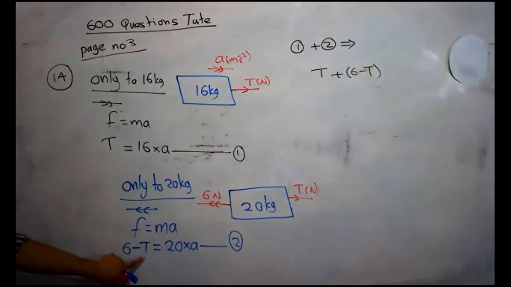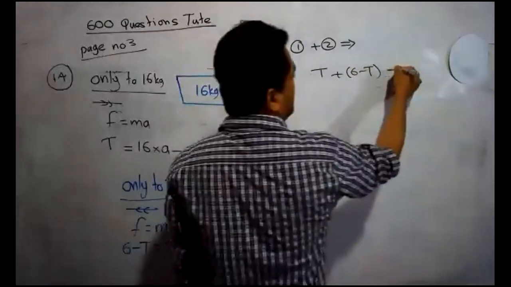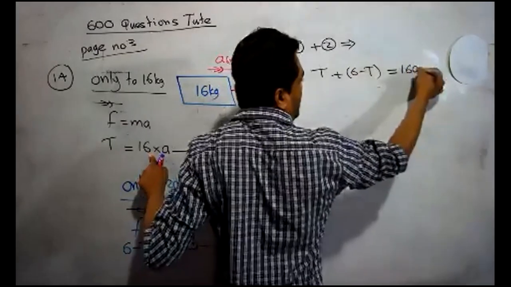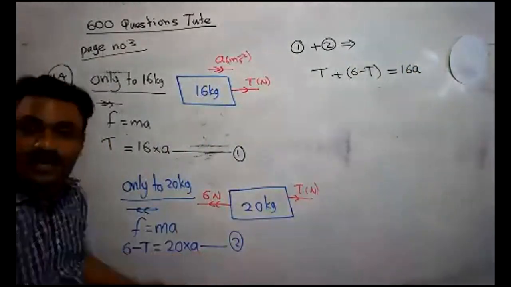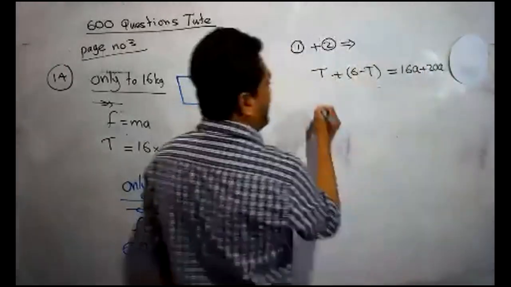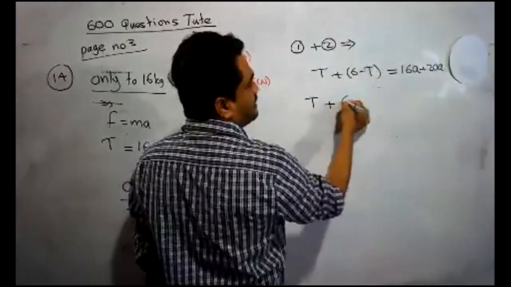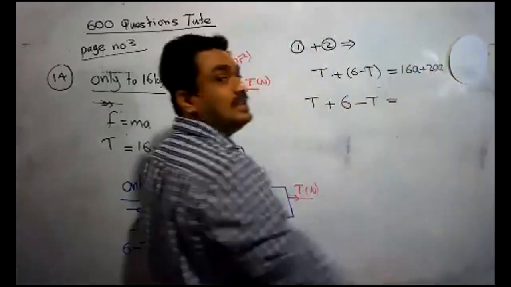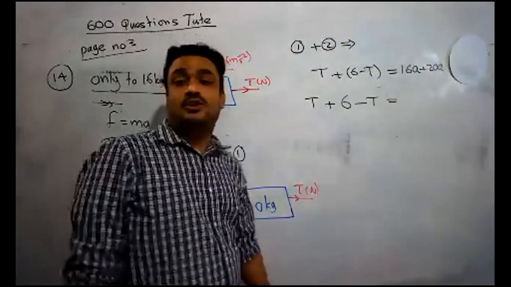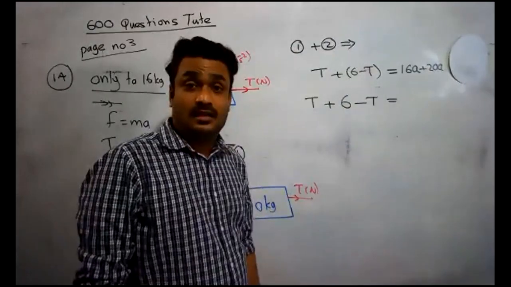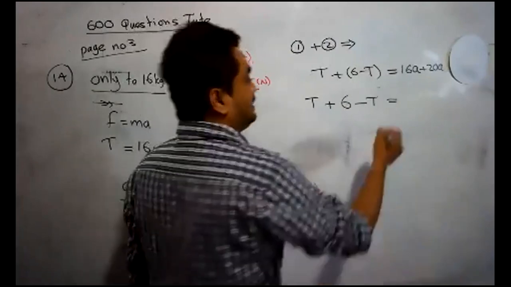Second equation, 6 minus T equals 20 times A. Adding, T plus 6 minus T equals 16A plus 20A, which is 36A.